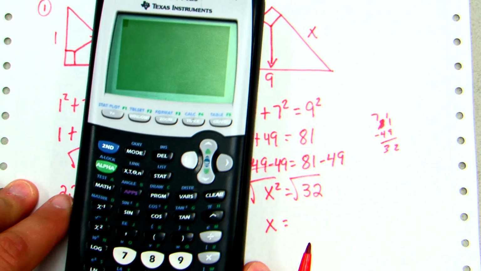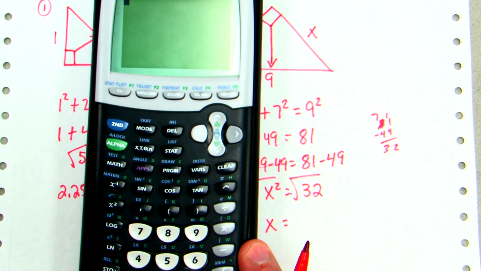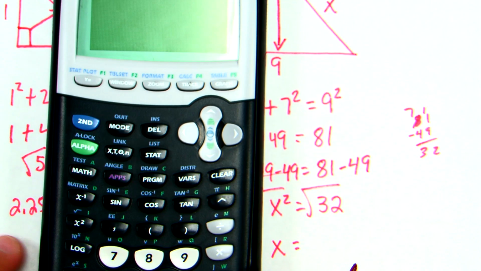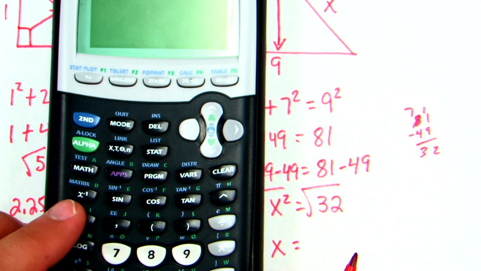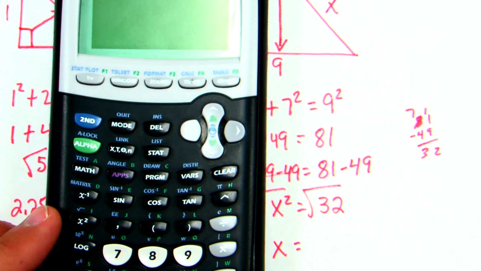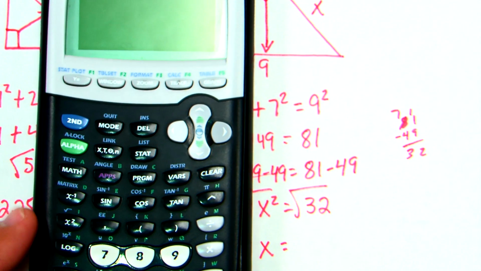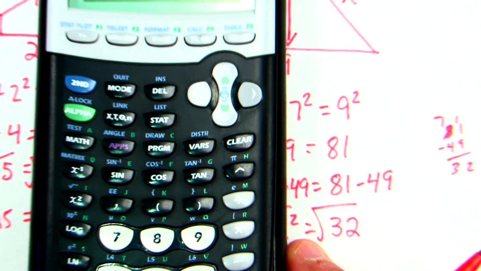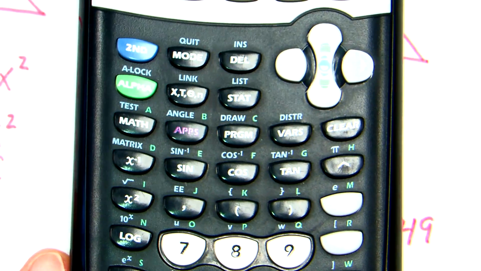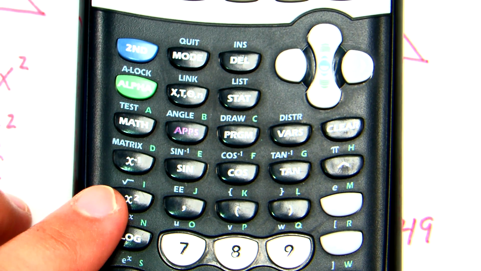If you are using a graphing calculator such as I have, we'll find that our square root button is right above the x squared. Let me see if I can make that a little clearer for you. And there it is. So there's my square root sign right above that.